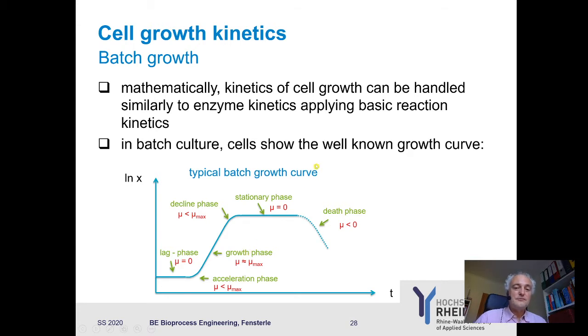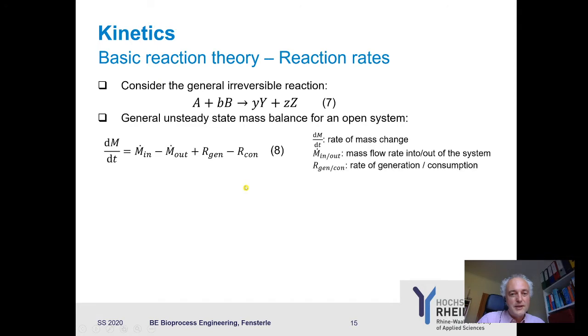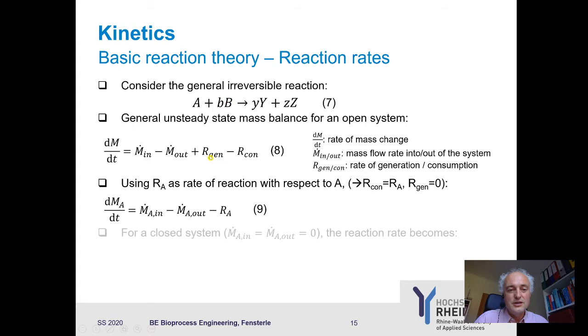And you remember, of course, we have talked about how to calculate exponential growth. We can have a look at what we said in basic reaction theory. We deduced, based on the unsteady state mass balance for an open system, the following rates for this general irreversible reaction, which is of course also a growth reaction.